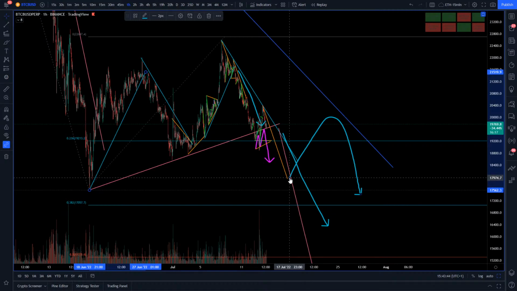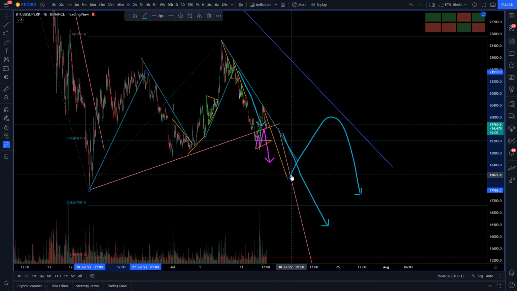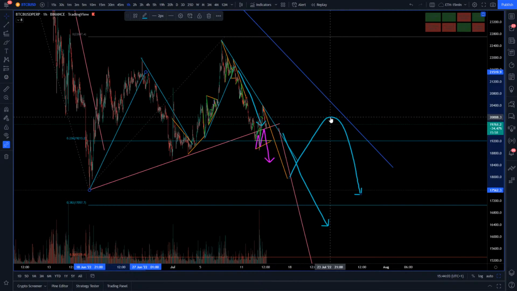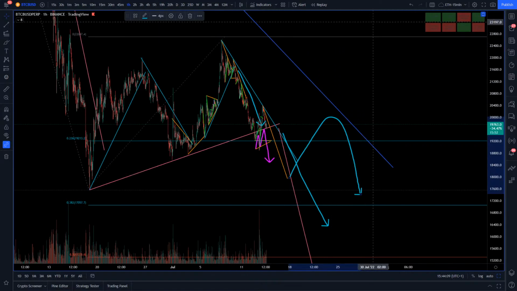So if this retracement goes down, I can tell you that there is a very high chance that this will make a lower low. That's why this is a lower low compared to this line. If this doesn't break down, then it may continue up to make another higher high.